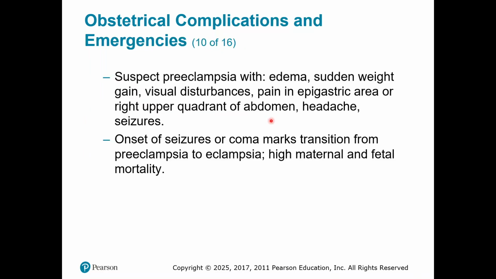If you suspect preeclampsia, look for edema, sudden weight gain, visual disturbances, pain in the epigastric area or right upper quadrant of the abdomen, headache, and seizures. The onset of seizures or coma marks the transition from preeclampsia to eclampsia and higher maternal and fetal mortality.